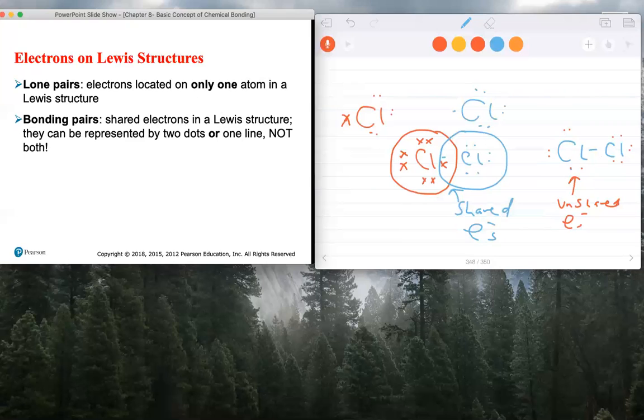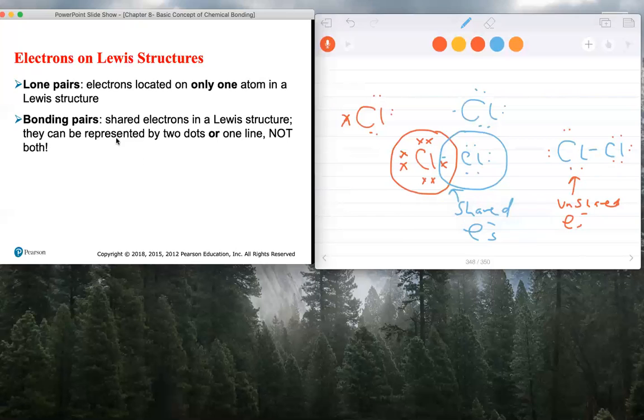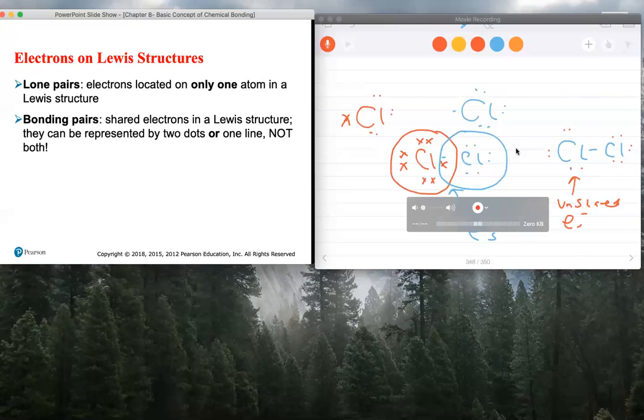I've seen questions tailored around this slide: how many bonding pairs are in the chlorine molecule? We have 1 bonding pair. How many lone pairs in the chlorine molecule? We have 1, 2, 3, 4, 5, 6.